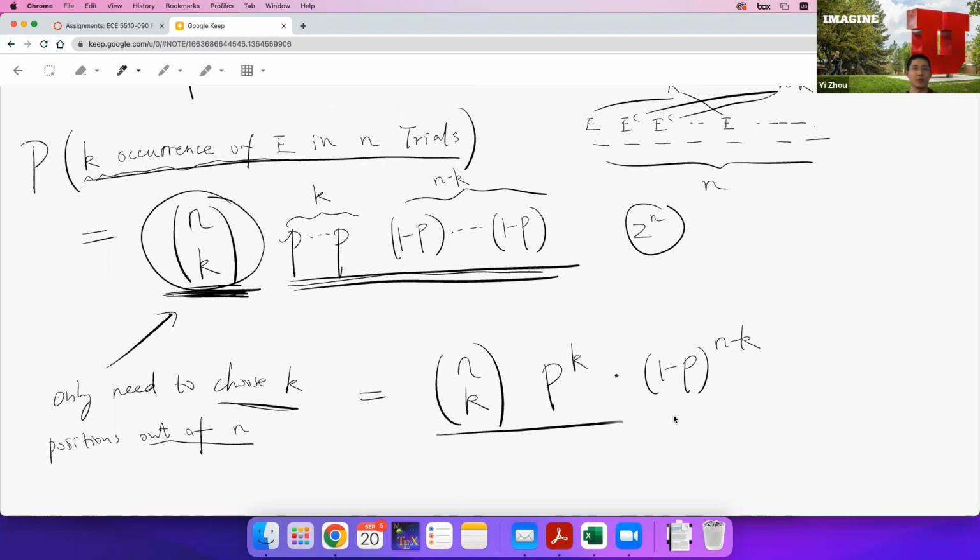So this is a distribution for this event. Depending on the value of N and K, this distribution will behave differently.